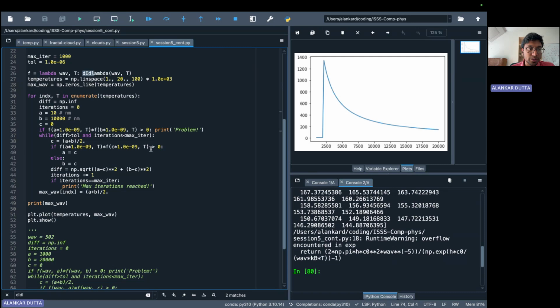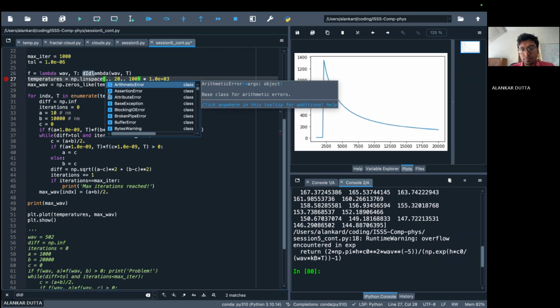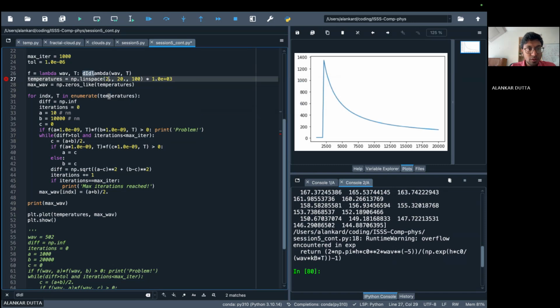So we can neglect the smaller temperatures for now. So let's start with something like, instead of 1, let's start with something like 2.5. Let's just avoid the problematic part.